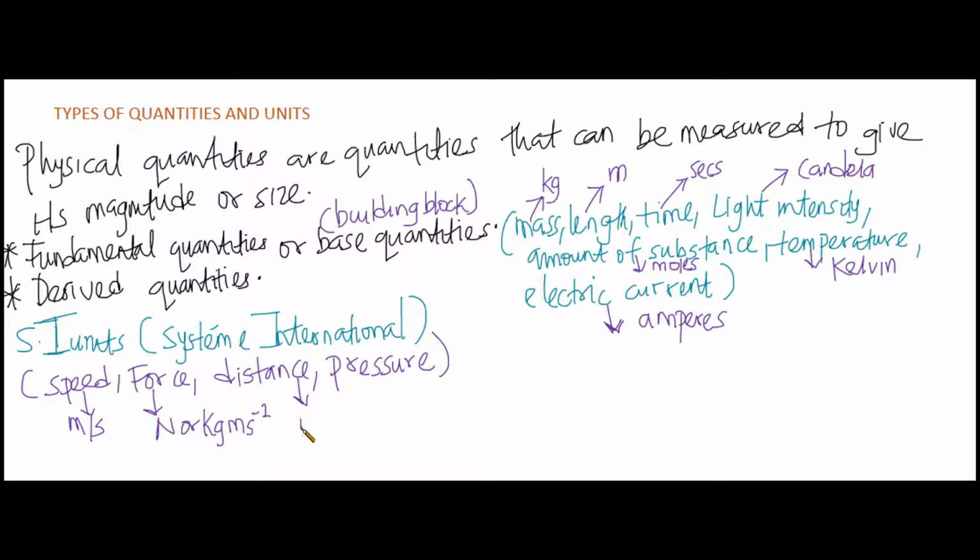Distance is measured in meters, whereas pressure is force per unit area, and that is N m^-2. So these are the SI units of each of these derived quantities. So let me just link it. These are the derived quantities here.